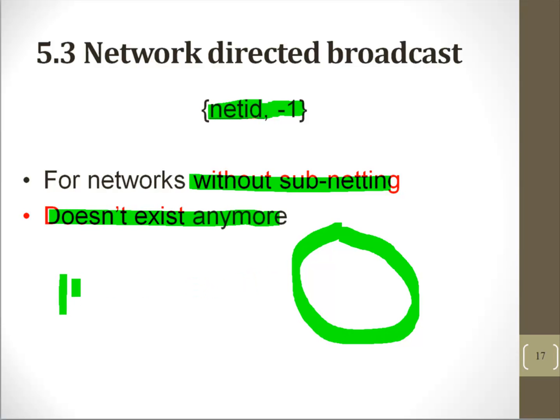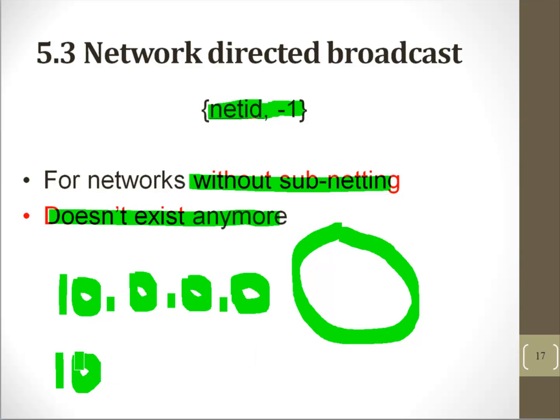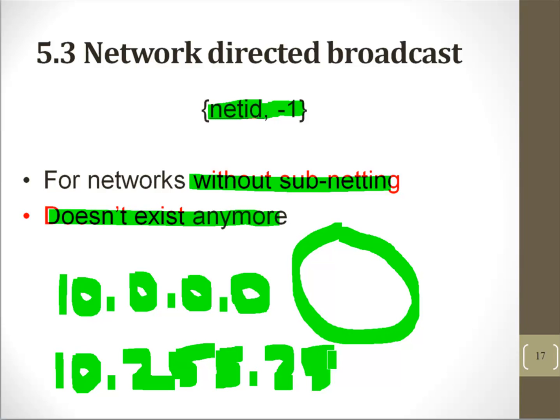For example, if you want to understand in a very simple way, take 10.0.0.0. This is a major network, and I'm not doing any subnetting here. So what is the broadcast IP address for this? The broadcast IP address for this particular network will be 10.255.255.255, all 255s for the three octets.